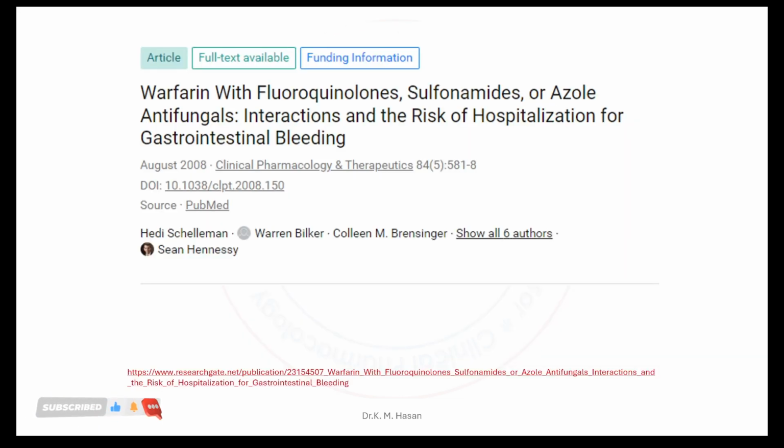This article reminds us of the interaction between warfarin and sulfonamide. If the patient is on warfarin and you prescribe a sulfonamide, there is a risk of bleeding, and this is explained through the competition for protein binding.